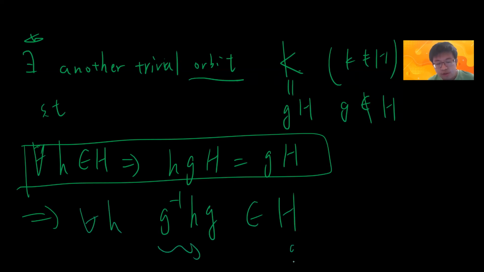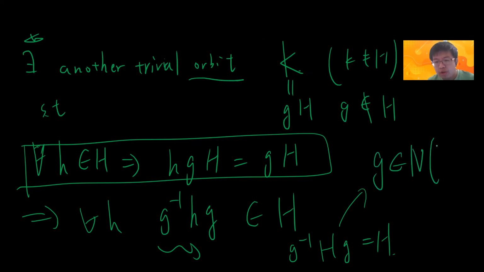This is the same as g inverse Hg being H because they are finite groups. Oh, by the way, all the theorems I say in this video are about finite groups. But this g does not belong to H, and g normalizes H, so g is in the normalizer of H, which proves that the normalizer of H is strictly larger than H.